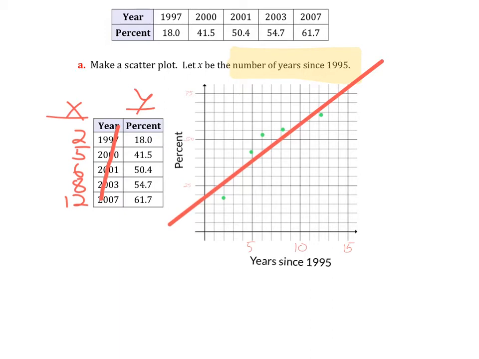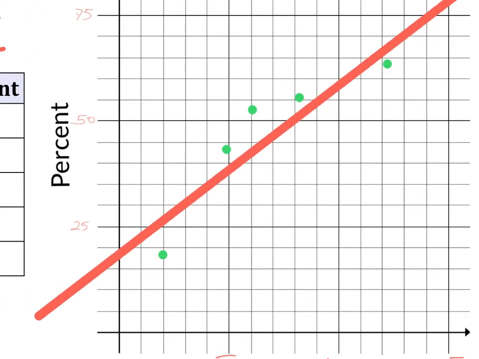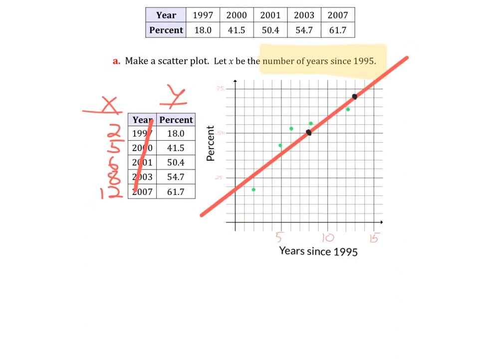Now what I want to do is find points on this line that intersect one of the grid corners exactly. I'm noticing right here I've got a good one that I could use. And then right here appears to be another pretty solid one. So those 2 points are going to be the ones that I use to make my trend line.